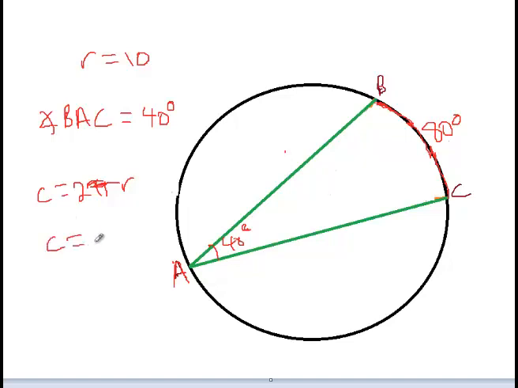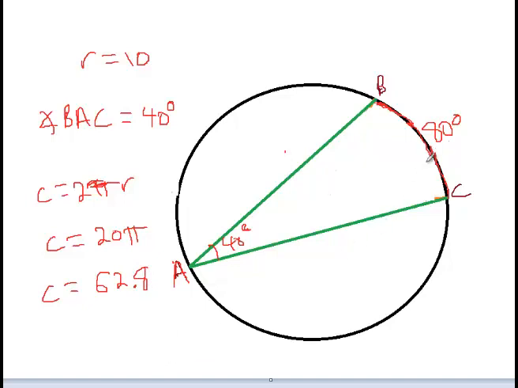So the circumference of the entire circle is 20 pi. We'll round off 20 pi to 20 times 3.14, which is 62.8. So the entire circumference of the circle is about 62.8.